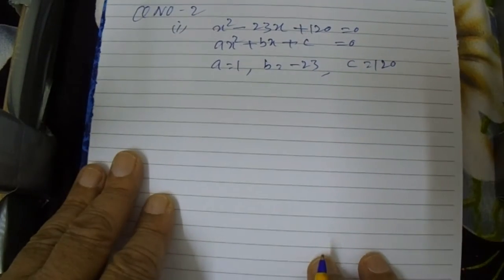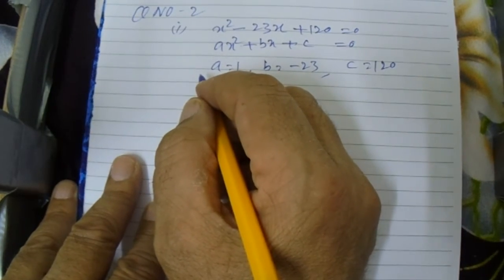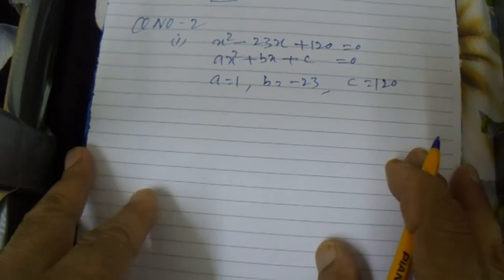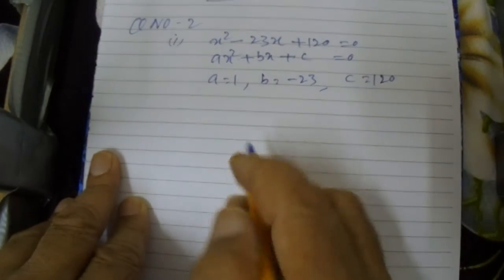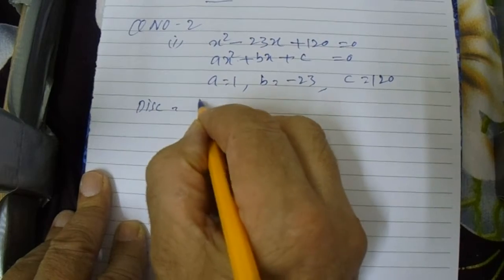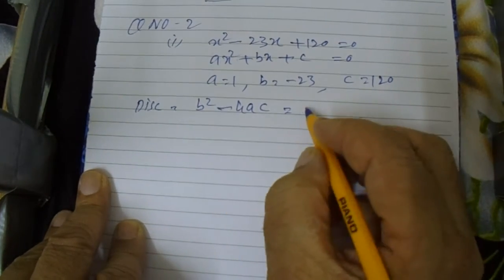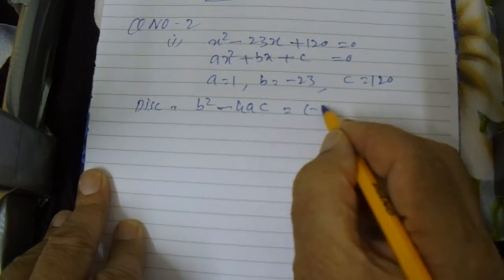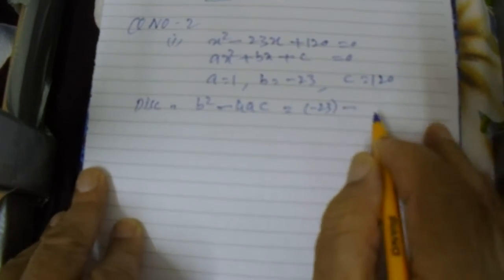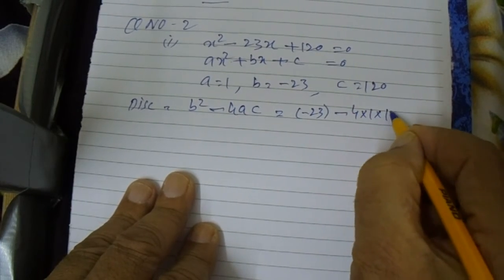Now here, if we want to know the nature of the roots of the quadratic equation, first we will find the discriminant. Discriminant is equal to b square minus 4ac. I put the values: minus 23 square minus 4 multiplied by 1 multiplied by 120.